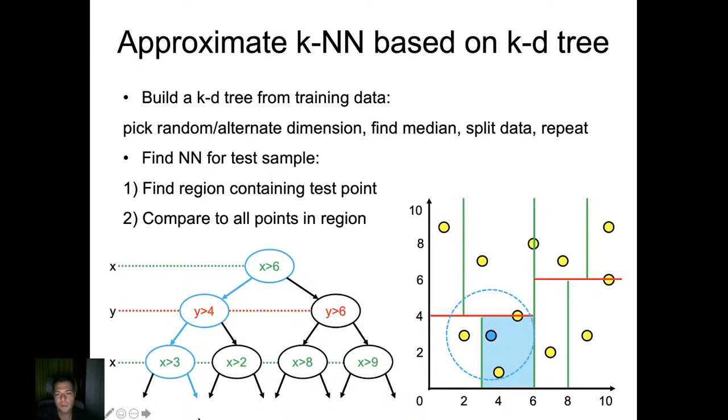So if you just consider these data points, they will probably be close to your test data point, but they are not necessarily the nearest neighbors. So you will probably miss some of the nearest neighbors, but you will obtain some neighbors that can give you information about the label.